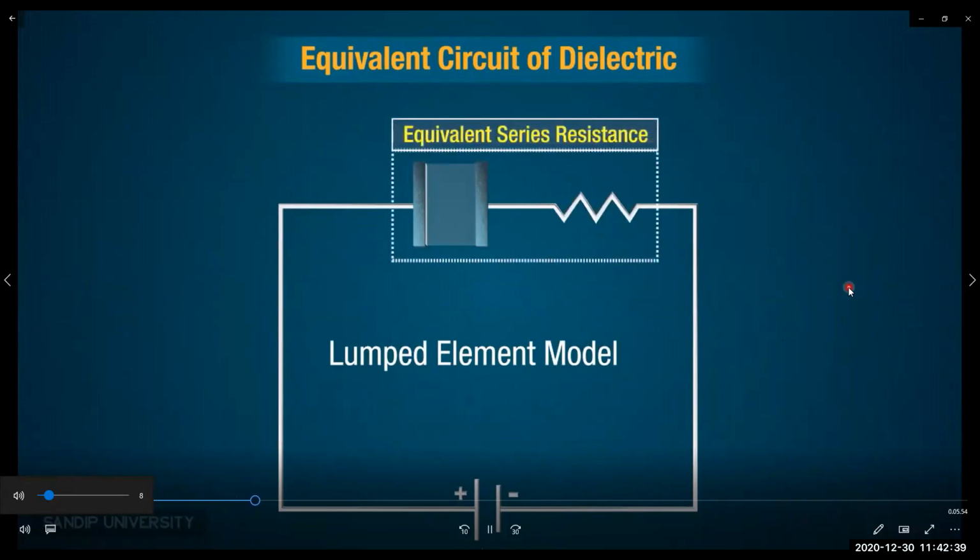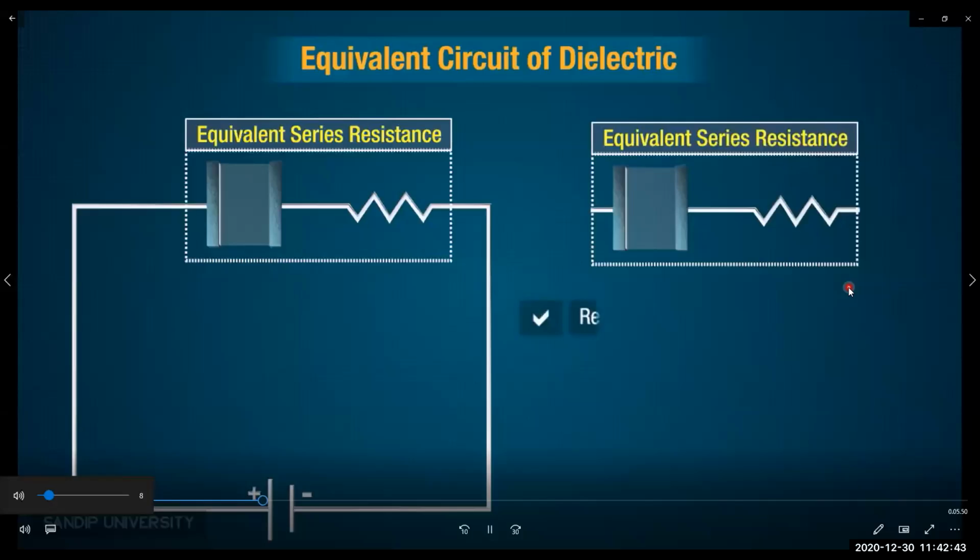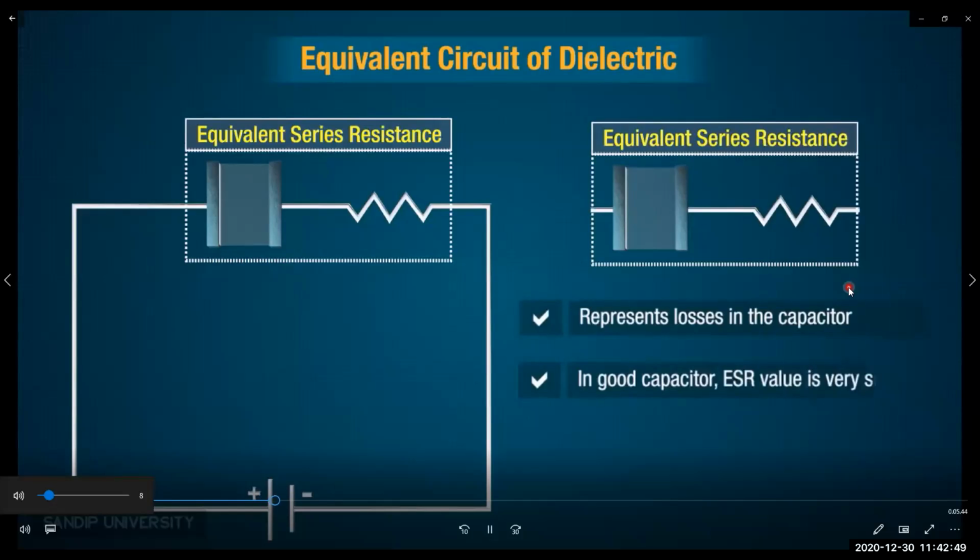This is called the equivalent series resistance, ESR. The equivalent series resistance represents losses in the capacitor. In a good capacitor, the ESR is very small. In a bad capacitor, the ESR value is large.